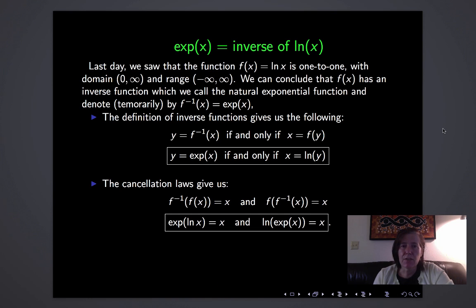And recall our cancellation laws. When we compose f and f inverse, we get the identity function. If I apply the exponential to the natural log of x, I get x back again. And if I apply the natural log to the exponential function, I get x, the identity function, back again.